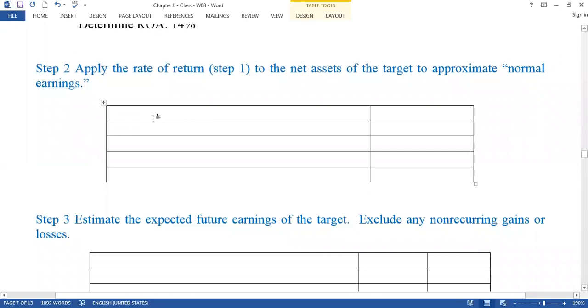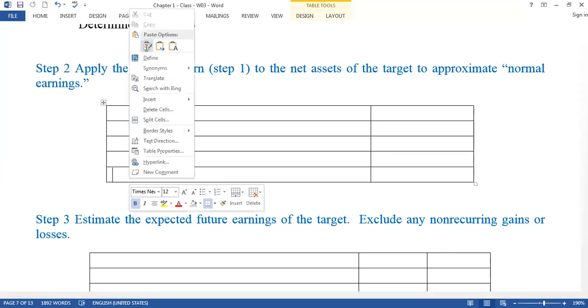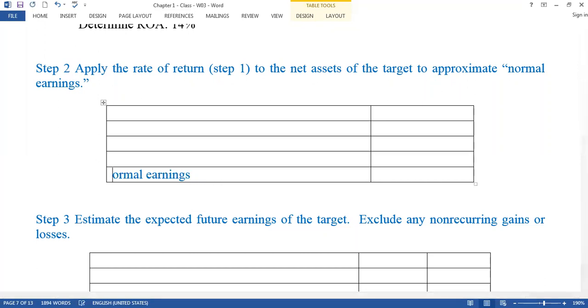Then we need to calculate normal earnings. This is the last part of step 2, normal earnings.